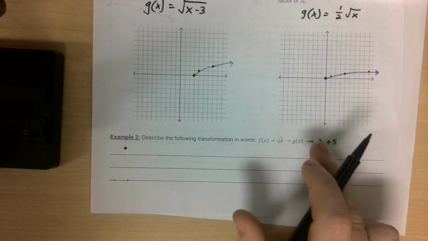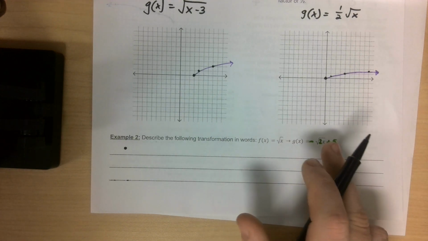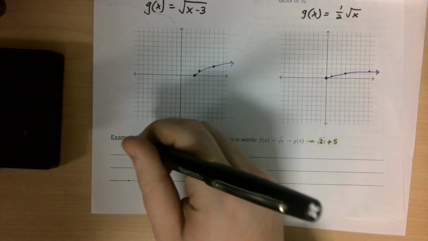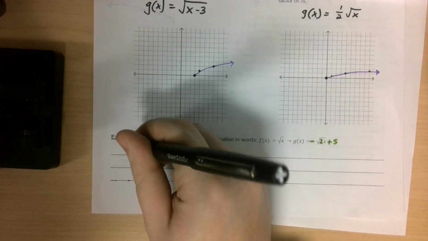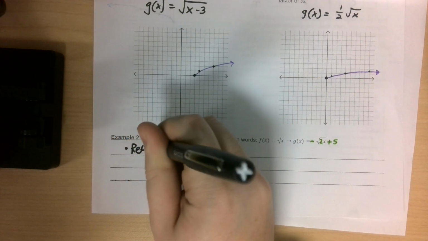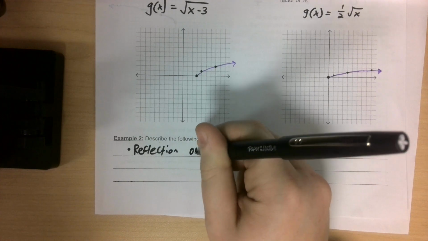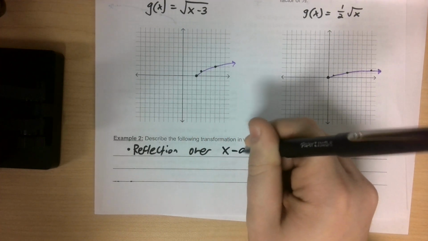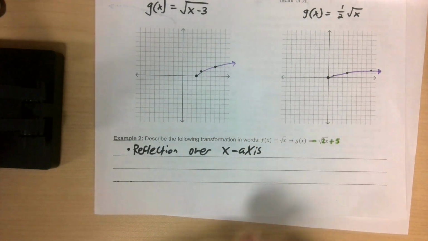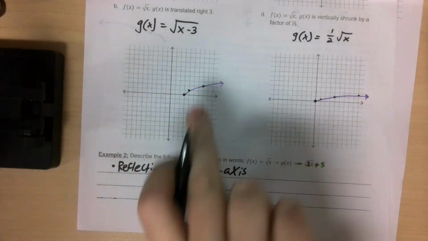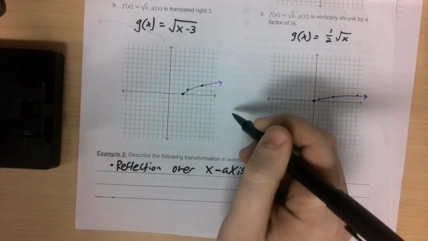The thing that makes a negative that applies to the entire problem, not just your x, it's going to be a flip over the x-axis. So it's a reflection over the x-axis. It would basically be like if we took this graph and flipped it upside down, so it'd be going this way.